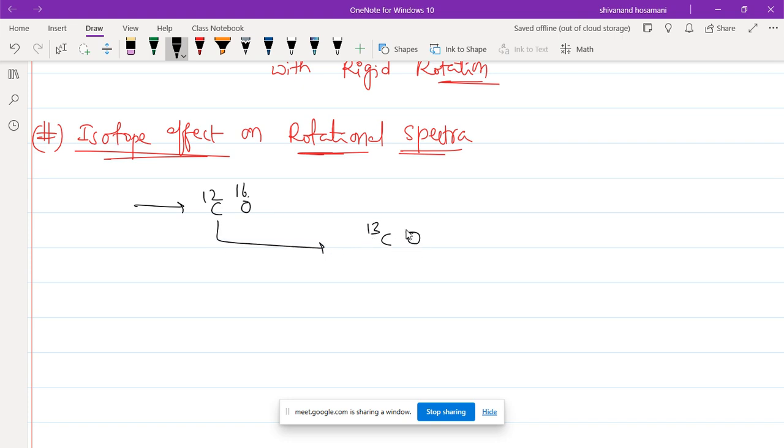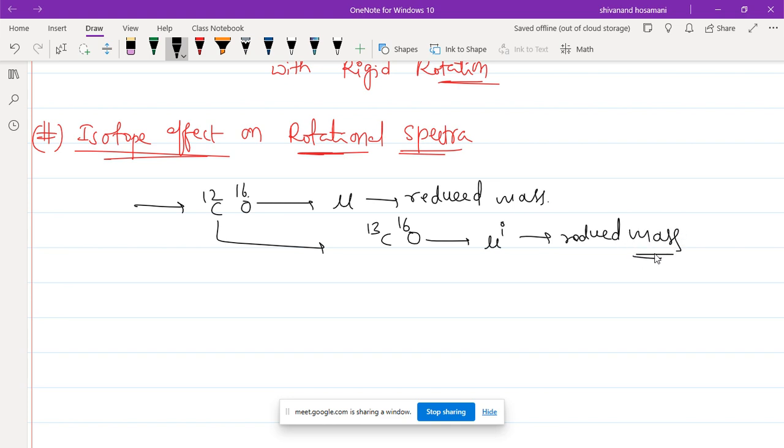then oxygen 16 we can keep. Then automatically the reduced mass changes. If this mass is taken as mu, we call it the reduced mass of the isotope. Automatically the reduced mass changes.